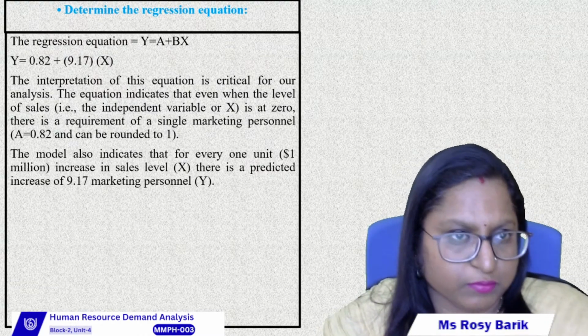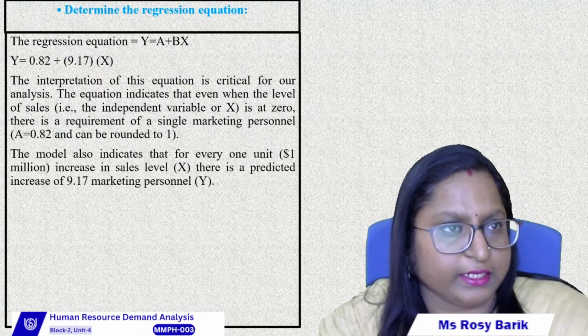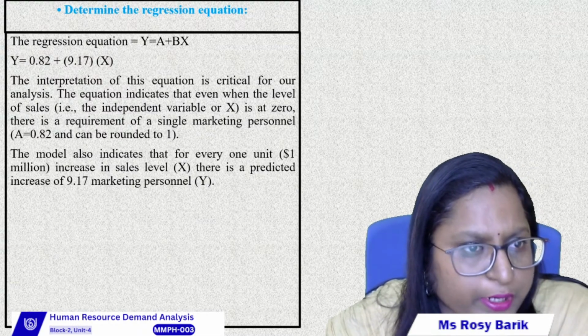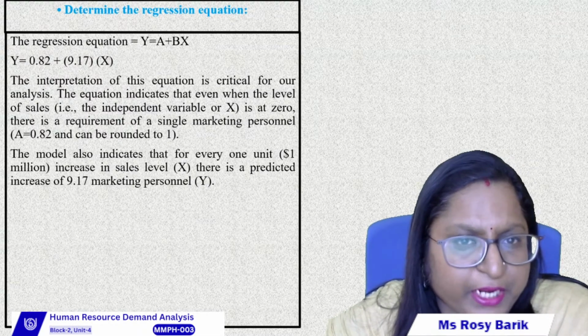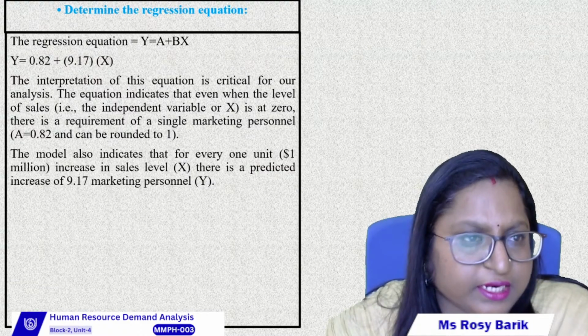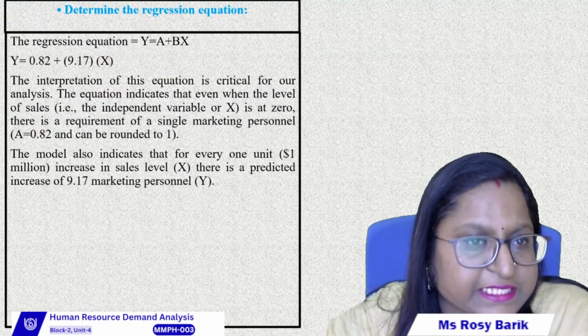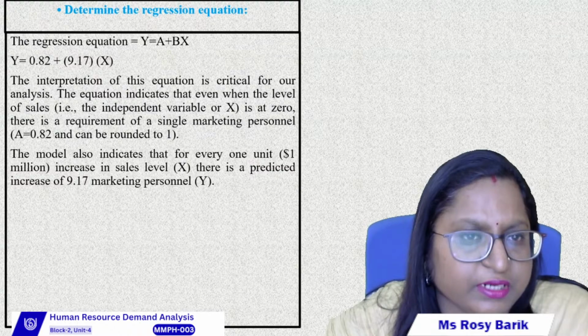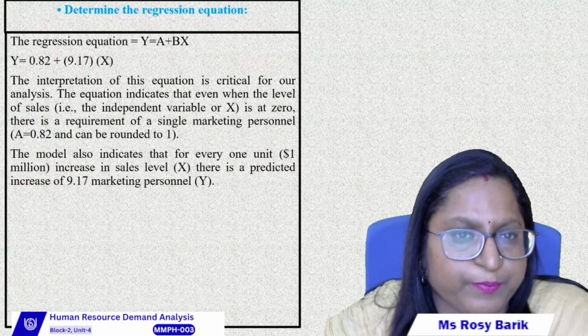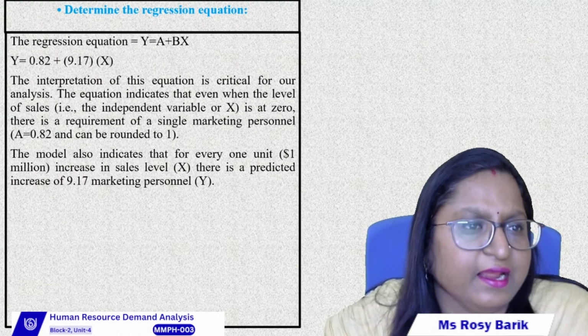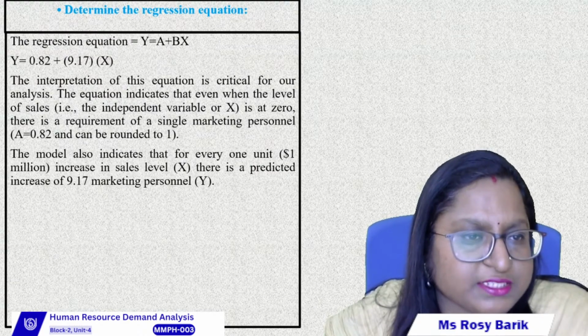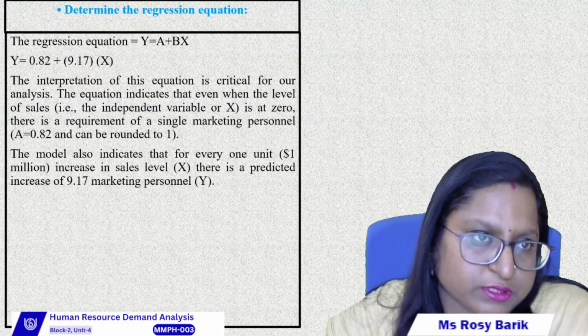So by hit and trial method we can calculate the value of y. The model also indicates that for every 1 unit, that is $1 million, increase in the sales level, that is x, there is a predicted increase of 9.17 marketing personnel.